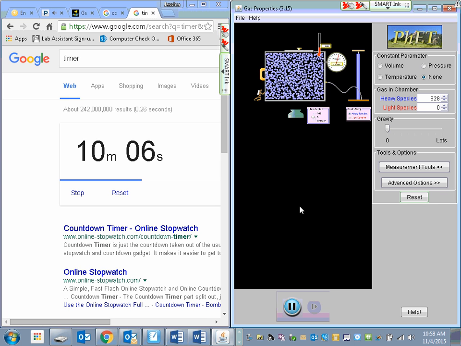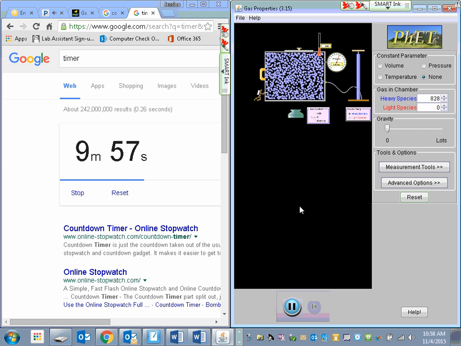Oh wow. Pressure. 25 minimum of volume plus 25 species. Okay. Number 7. I think yeah, because it deals with volume and pressure.